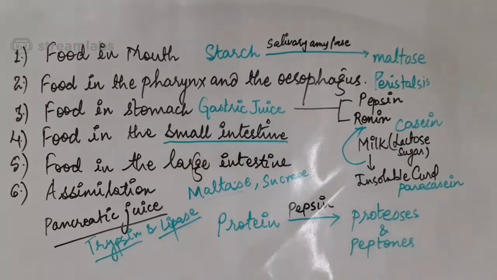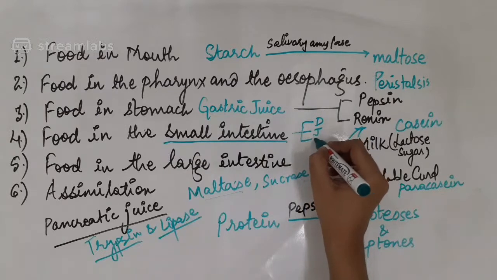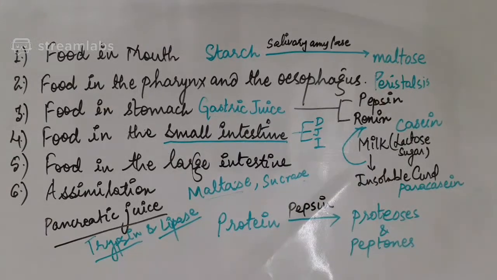The digestion gets completed in the small intestine itself, and here the part called DJI, duodenum, jejunum, ileum of the small intestine, helps in the completion of digestion.